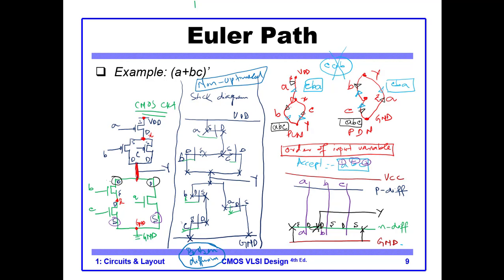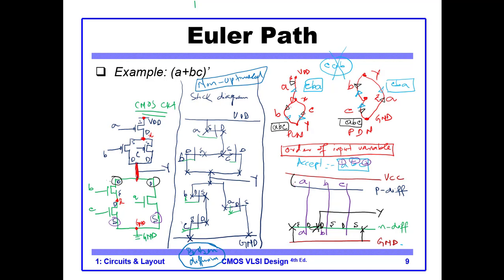So this completes our pull down network. Let's go to our pull up network. You see, in our pull up network, the source of A is connected to the VDD.